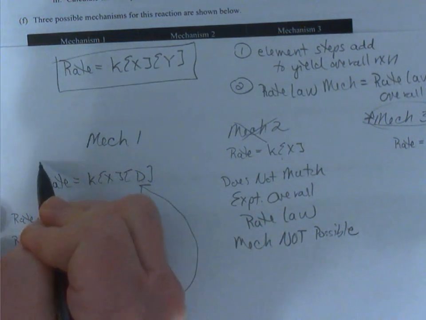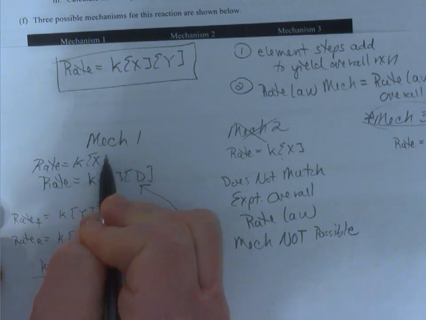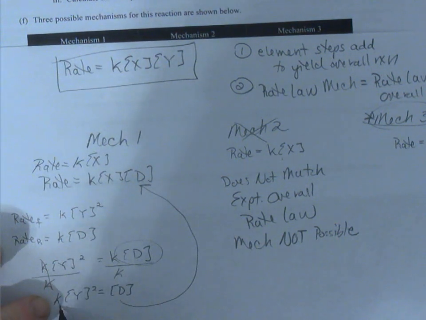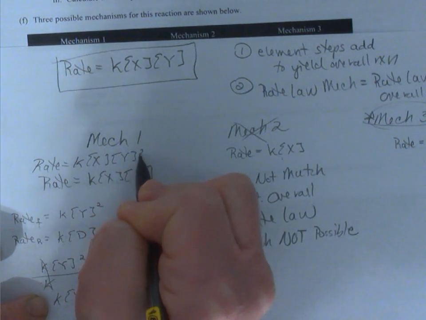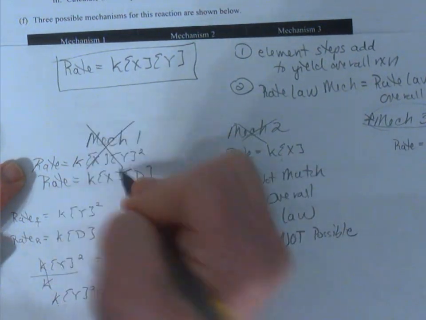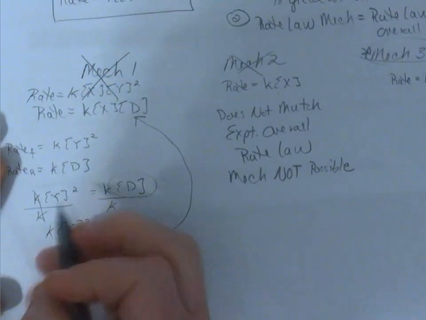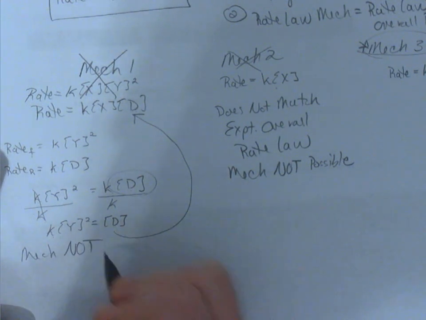So the rate law from this mechanism will be k[X], and I'm just going to plug in this other k, which makes a new k value, [Y] squared. That doesn't match. So we would say this mechanism is not possible.